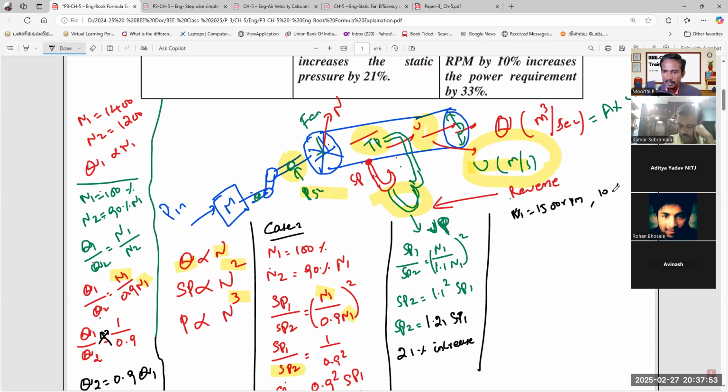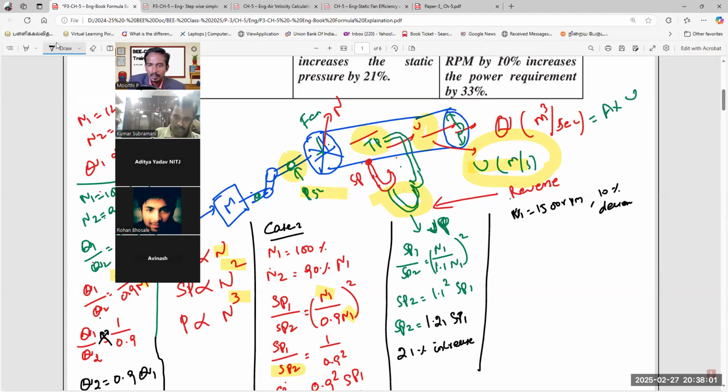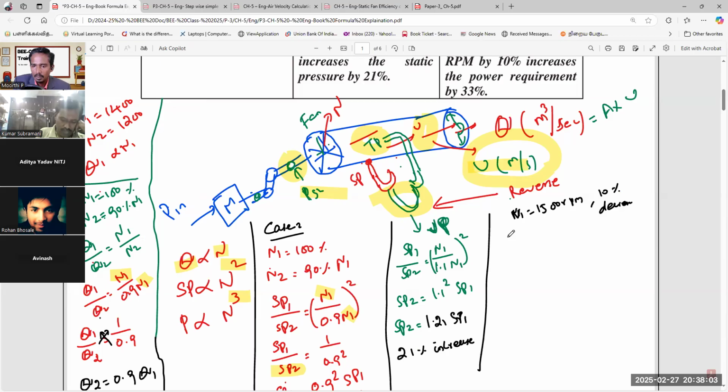So with a 10% decrease, what is the value of N2? It's for example only. 1350, sir. 1350. Okay.